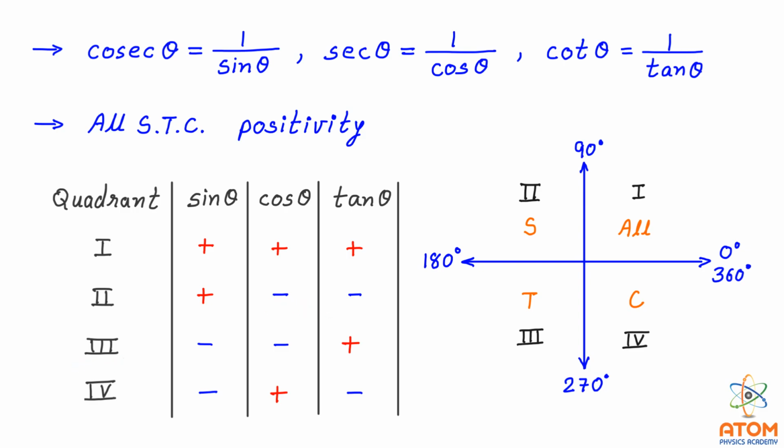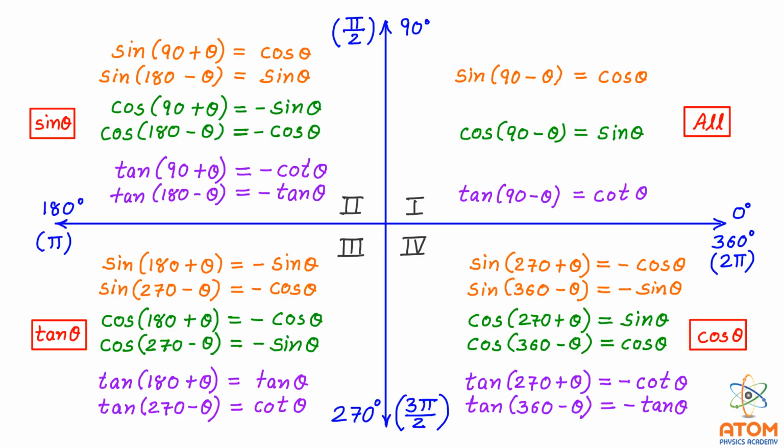In the third quadrant sin and cos are negative, tan is positive, and in the fourth quadrant sin is negative, cos is positive and tan is again negative. Obviously where sin is positive cosec will also be positive, and when cos is positive sec will also be positive. When tan is positive cot will also be positive.